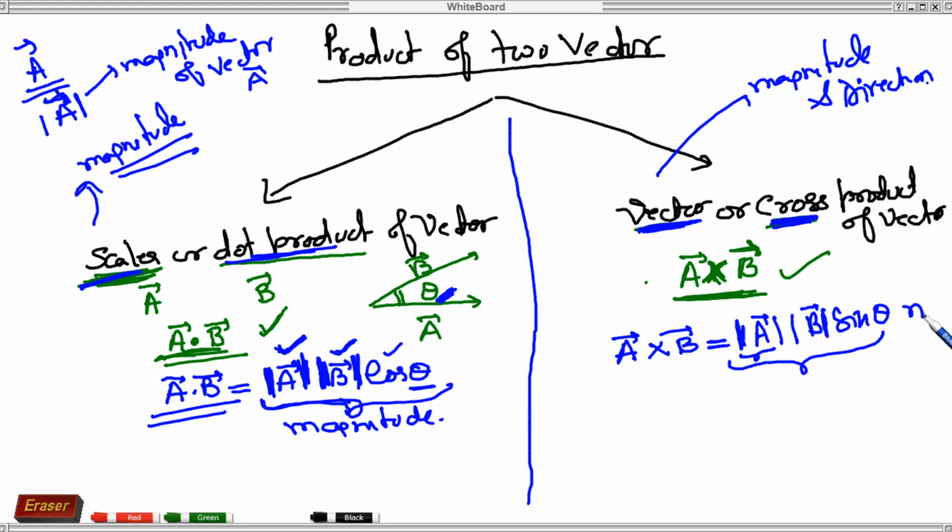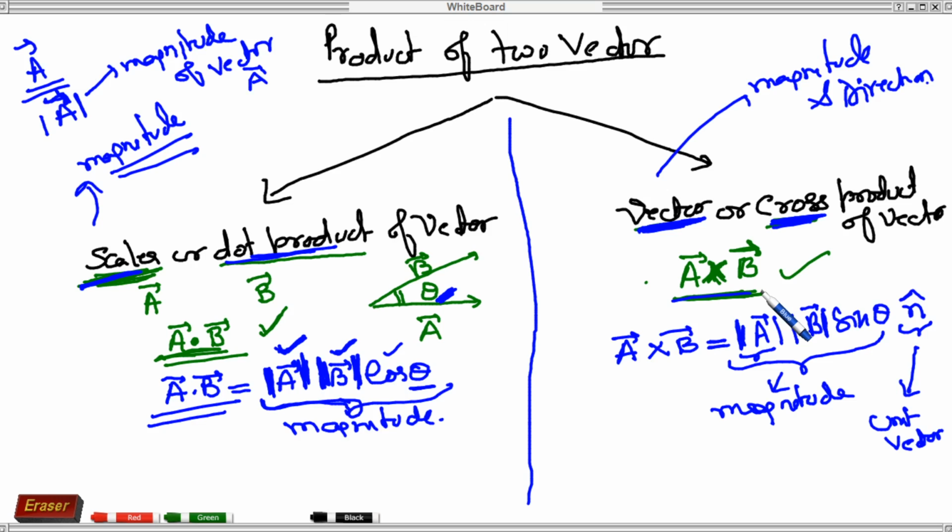This is magnitude and this one is unit vector. So that's why I wrote it like this. It's a vector or cross product.